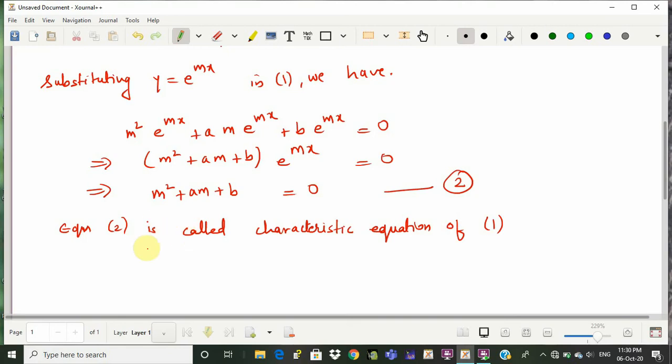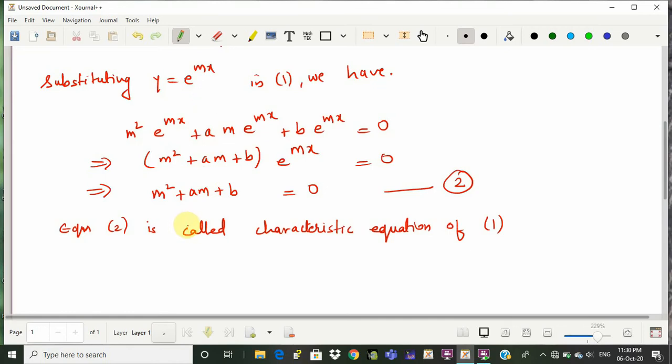And to solve equation 1, we need to determine the solution of this characteristic equation to determine the value of m. Whatever that value of m is, for that value of m, e raised to mx will definitely satisfy the given equation 1.